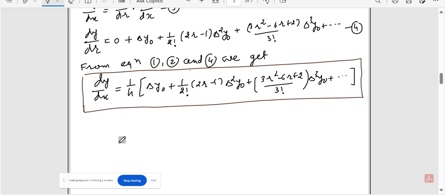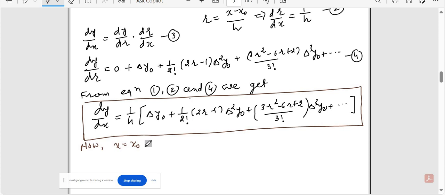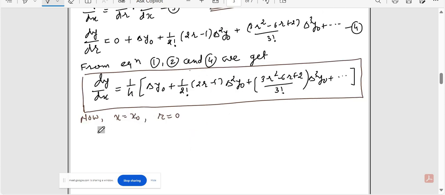Now if you put x equals x0, then what happens? You can observe our r. What is the value of r? r is equal to 0, because x0 minus x0 will be 0. So this formula transforms into dy by dx equals 1 by h.